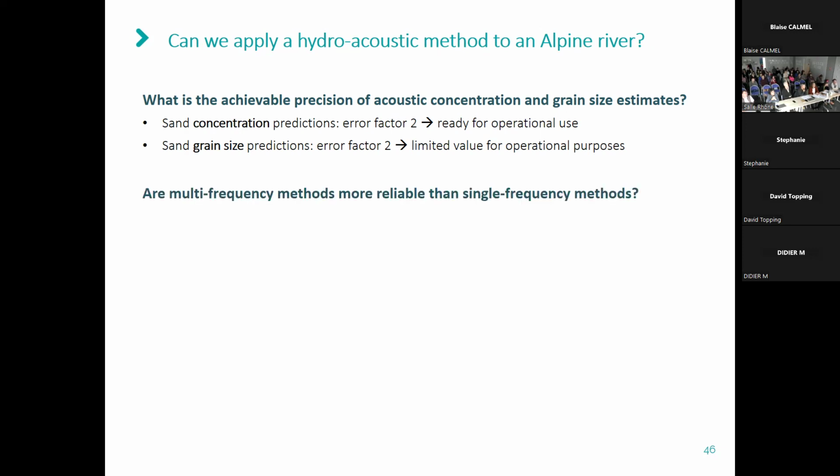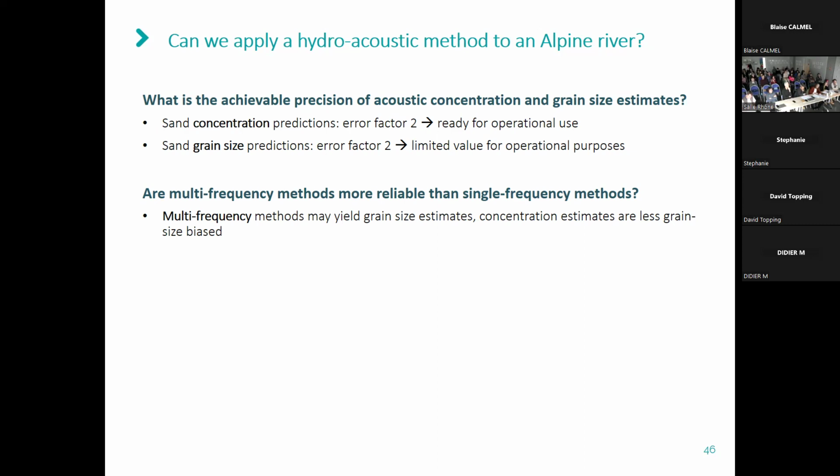Now, concerning the use of multi-frequency methods compared to single frequency methods, we've seen that the multi-frequency methods, here I used dual frequency methods, may yield information on the grain size. Also, it's not yet operational, but it may yield information, as we've seen at the Villeurbanne scale, because of the sensitivity of the acoustic methods to the grain size.